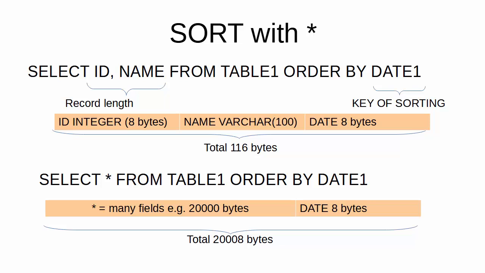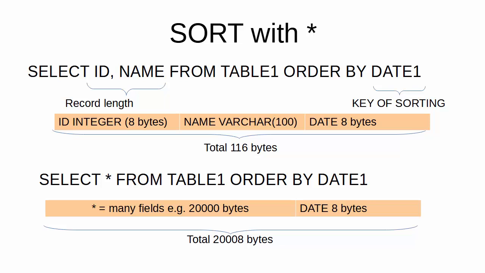Let's consider the situation when we put into the select clause not a list of fields like ID and name, but just an asterisk to extract all fields from this table.